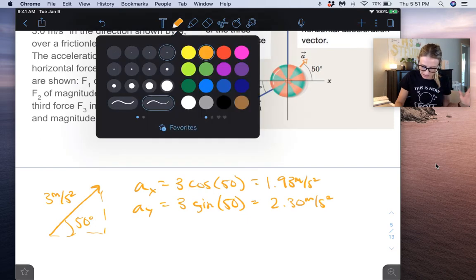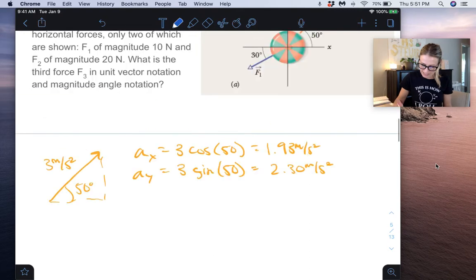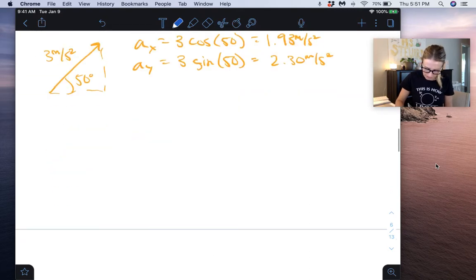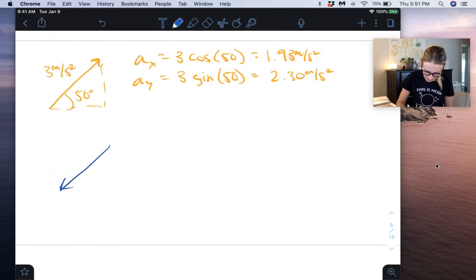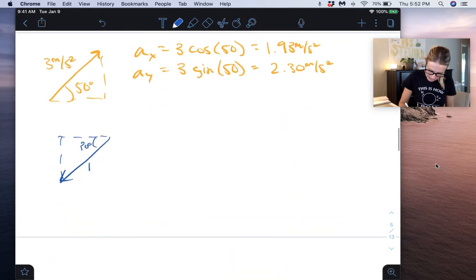Now, since we've done that, let's do force 1. Force 1 is down at an angle of 30 degrees, so I'm going to draw it down here. This angle right here is 30 degrees, and our force 1 was 10 newtons. So this will be our F1x and F1y.